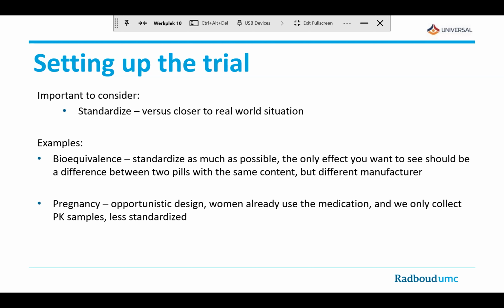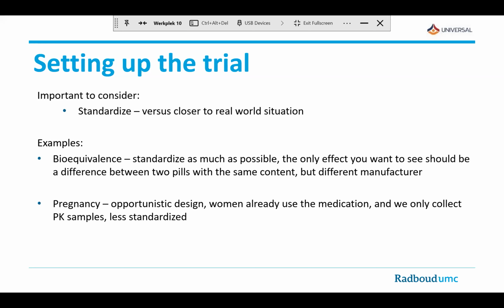And that's when you really want to standardize as much as possible, because the only effect you want to see should be the difference between the two pills with the same content, so the same drug, but a different manufacturer, for example. So that's when you really want to standardize, have a small population, healthy volunteers between a certain age, for example.